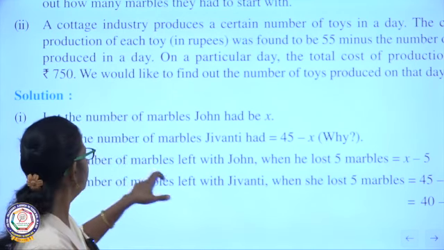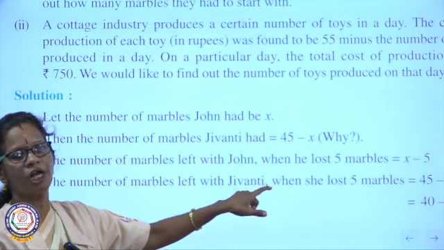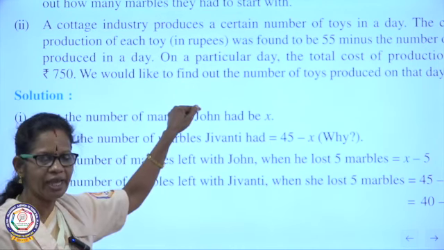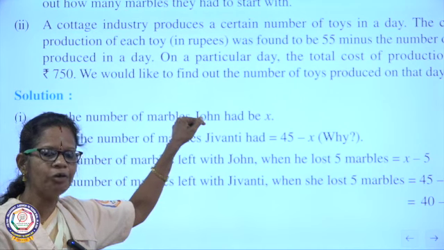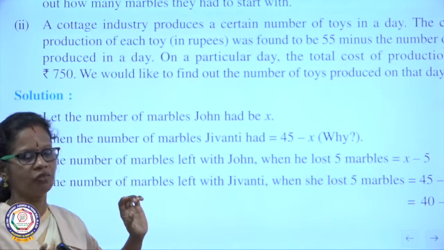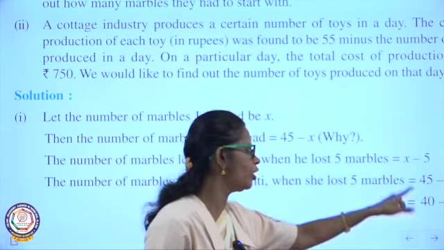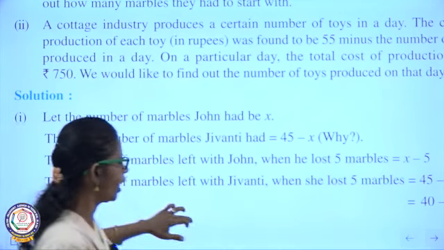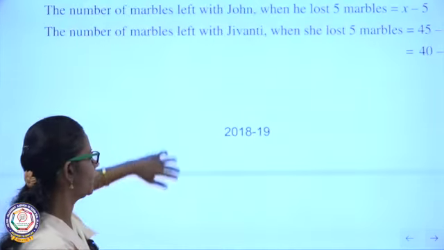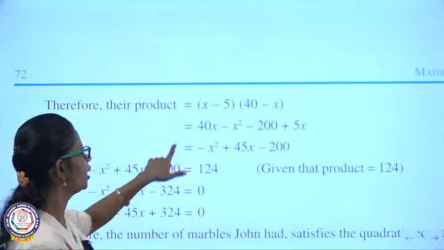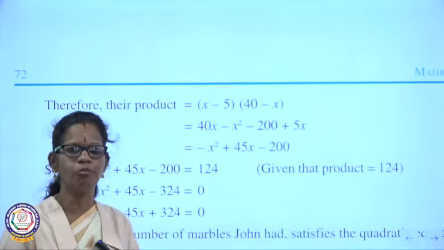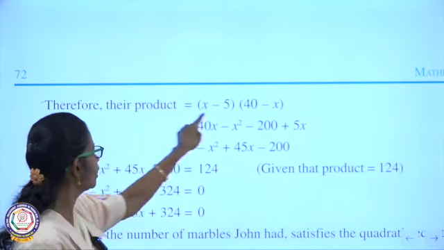Then what did they say? Each of them lost 5 marbles. John is having x. If he lost 5, how can you write it? x minus 5. Jivanti also the same, he also lost 5. So 40 minus x. The product they said. Product means it should be multiplied. Both the things should be product equal to.